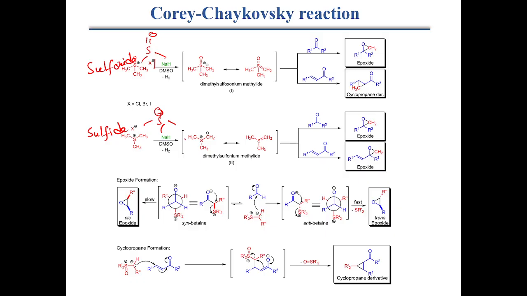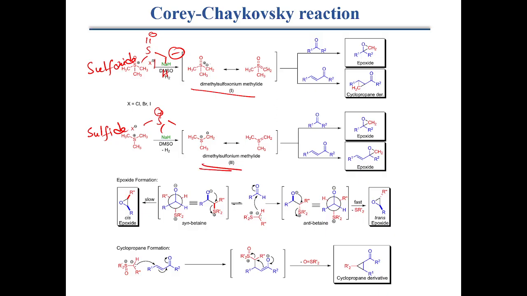So dimethyl sulfoxonium methylide, this is called, and after treatment with sodium hydride or any strong base, this proton will be abstracted and a negative charge will come. So this is called dimethyl sulfoxonium methylide, and this is dimethyl sulfonium methylide.